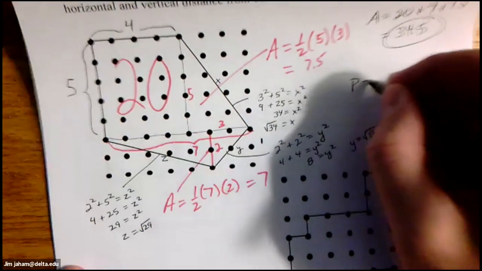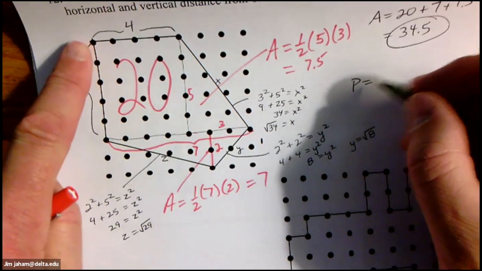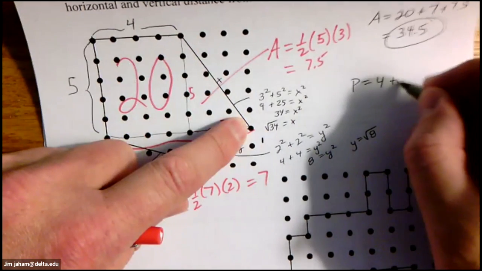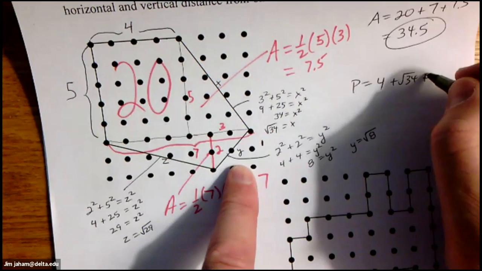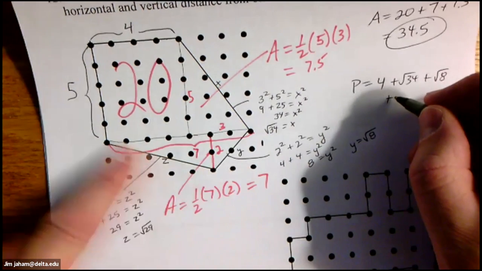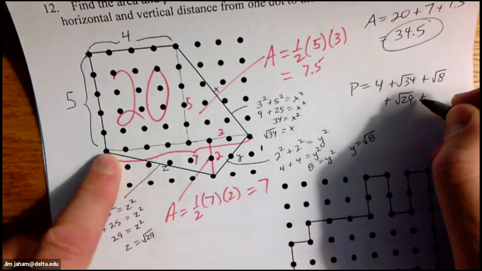So the perimeter is equal to, and just start in one corner, 4 plus the square root of 34 plus y, which is the square root of 8, plus this distance here, z, which is the square root of 29, plus 5.